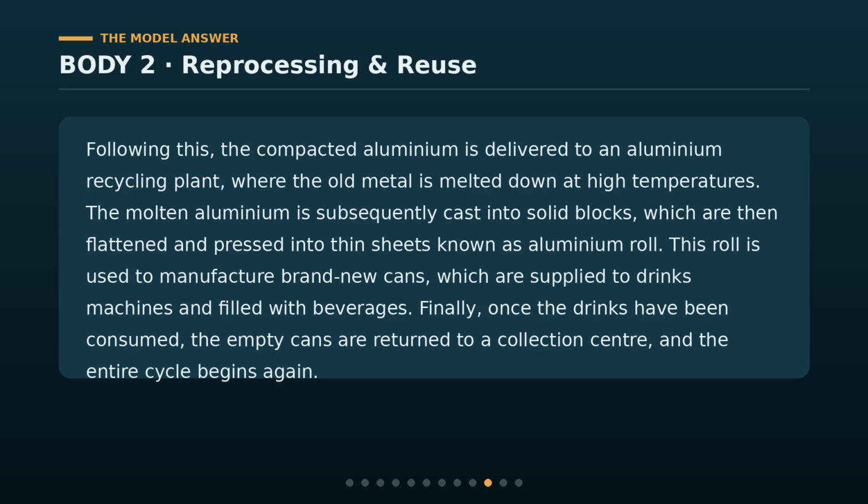This roll is used to manufacture brand new cans, which are supplied to drinks machines and filled with beverages. Finally, once the drinks have been consumed, the empty cans are returned to a collection center and the entire cycle begins again. The sequences following this, subsequently, then, finally, carry the reader smoothly through the loop.